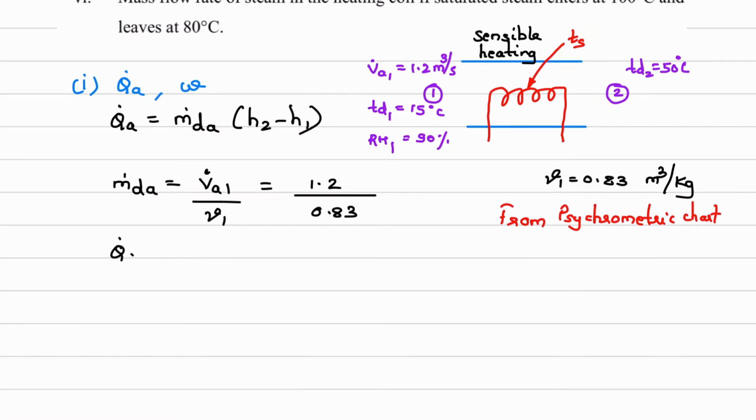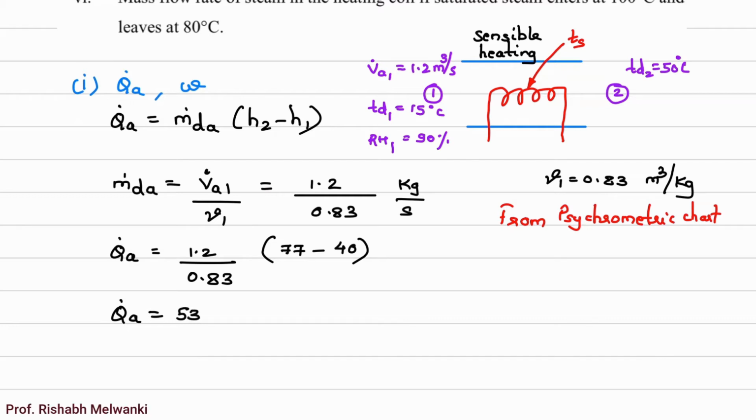Q dot A is equal to the mass flow rate of air, 1.2 divided by 0.83, unit will be kg per second, into H2, the H2 value was 77, minus H1, the H1 value was 40. So if you calculate this, you will get Q dot A is equal to 53.49 kilojoule per second. This is the first answer.